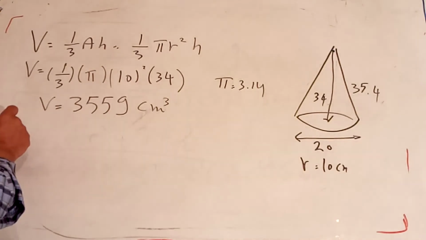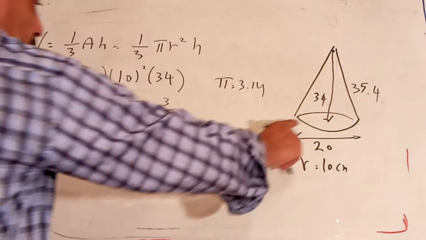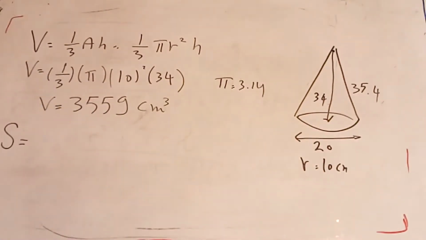Let's go to the surface area. We have two surfaces: the surface of the circle and the surface of the curved side.